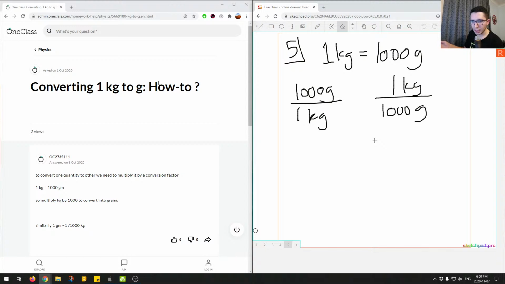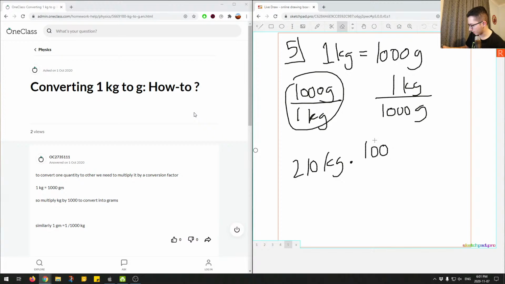So if we're given the value in kilograms, let's say we're given 210 kilograms, we'd want to use this conversion factor because we have the kilograms in the denominator, and then it will cancel out the kilograms up here. So if we multiply by this conversion factor, we'd have 1,000 grams per 1 kilogram.